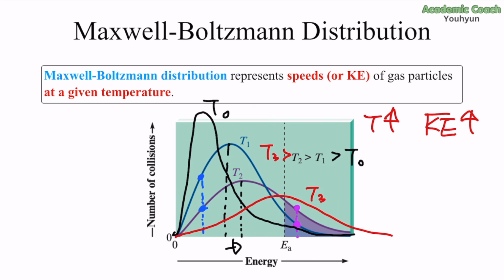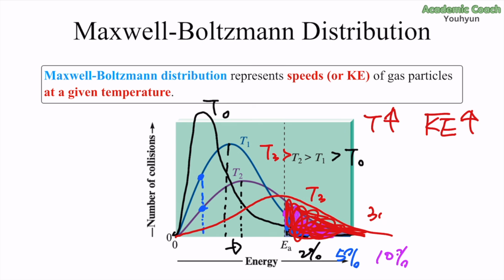Let's say for T1, only this much, let's say only 2% of the particles carry sufficient energy. And for T2, it's only this much. Let's say that's 5%. For T2, it will be this much. Let's say 10%. And now for T3, this many of the particles carry sufficient energy.